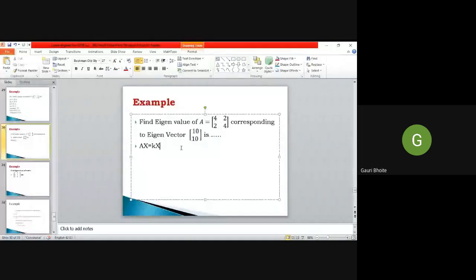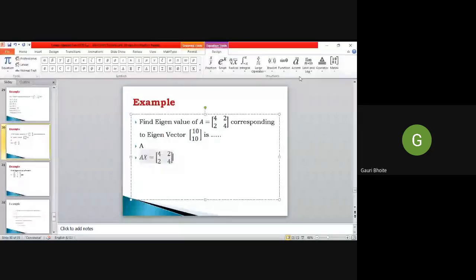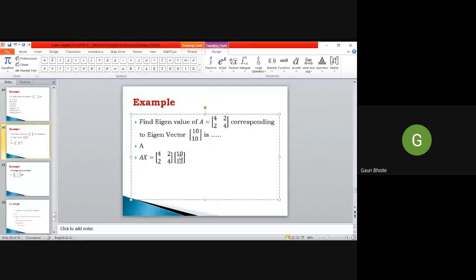Yes, how do we simplify this? What do we have to find out? A into x. So matrix multiplication, you know. Ax is equal to, I multiply this by the vector and find the resultant entries.